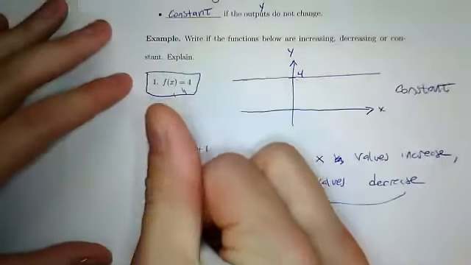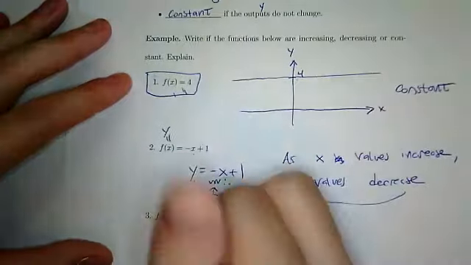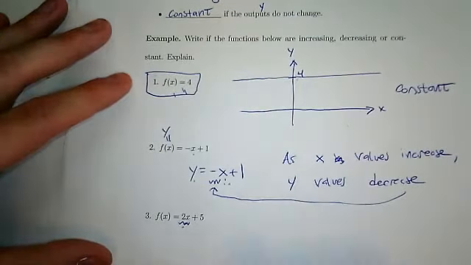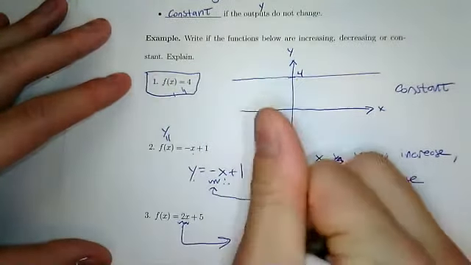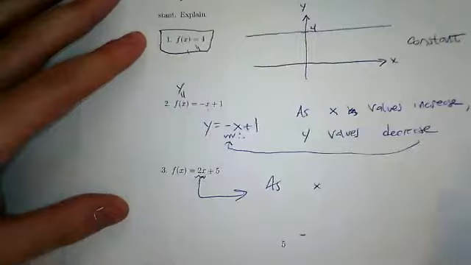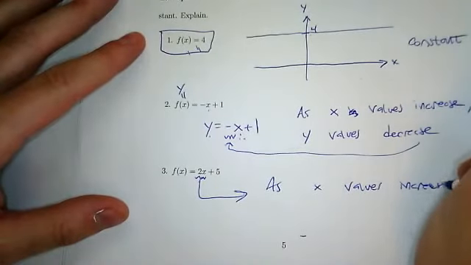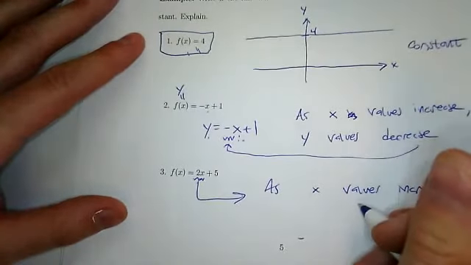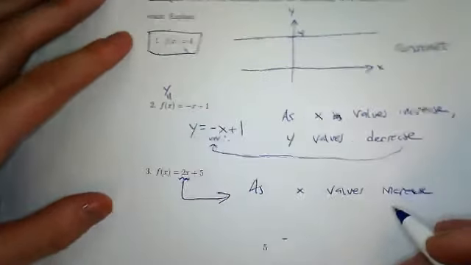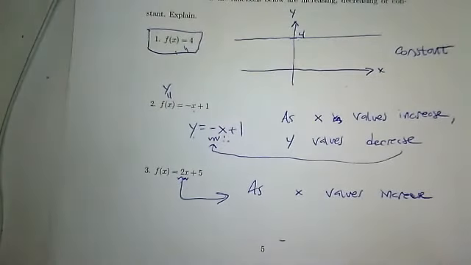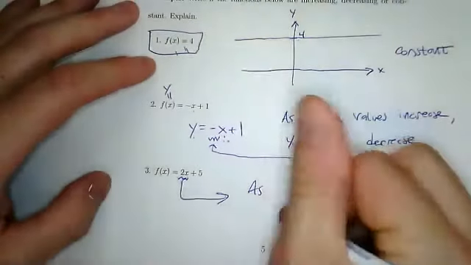And for the same reason here, because of this positive 2, as x values increase, and by saying that x values increase, I'm saying we're going from left to right on the graph, the y values increase.